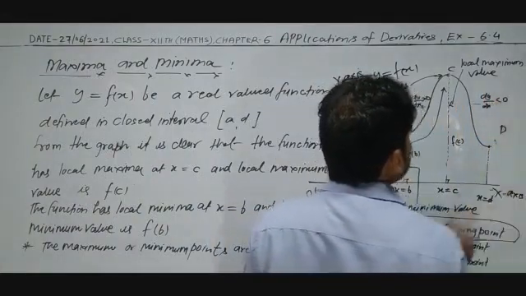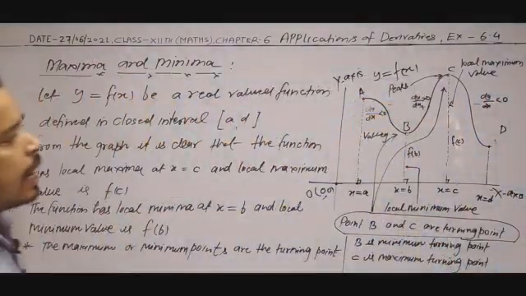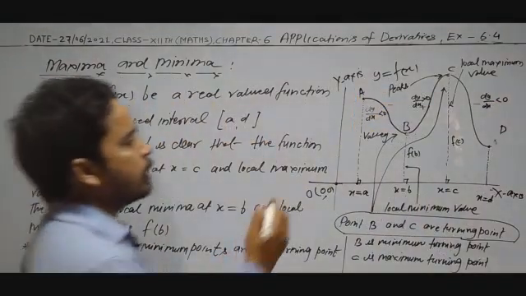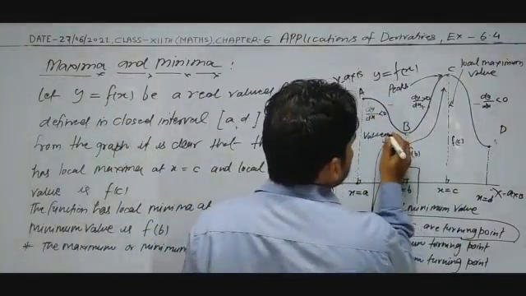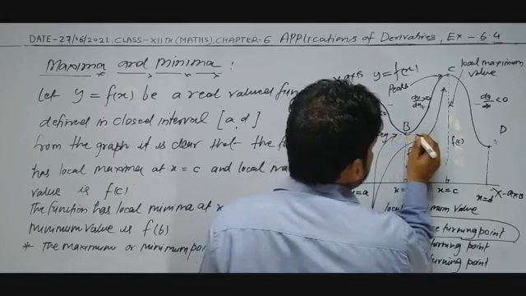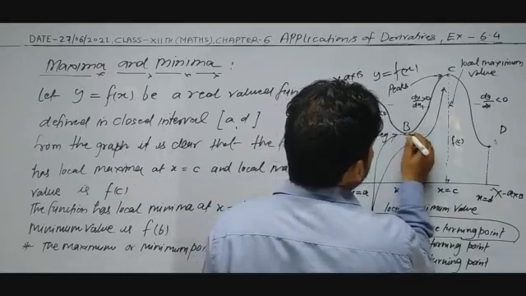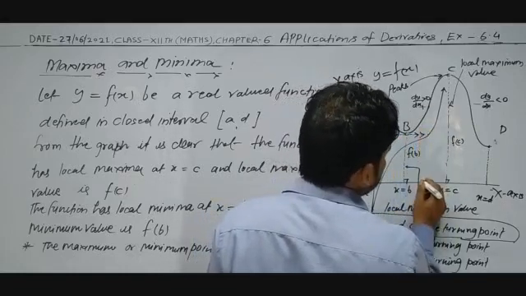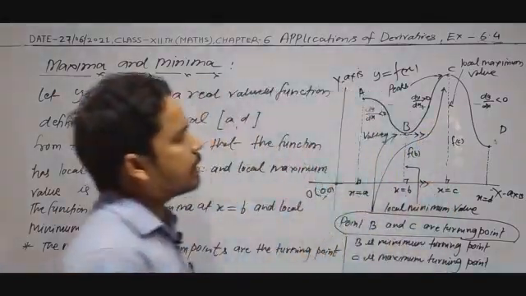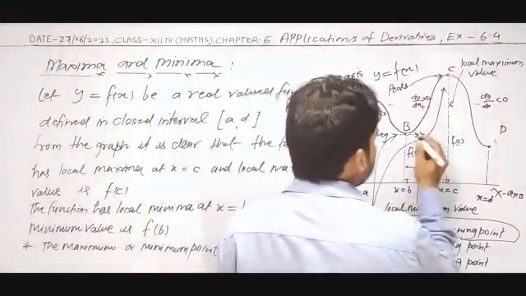dy by dx will be less than 0 from C to D. And when you reach points B and C, you will see the tangents at that instant are parallel to the x-axis. The tangent is parallel to the x-axis, in which case dy by dx is equal to 0.